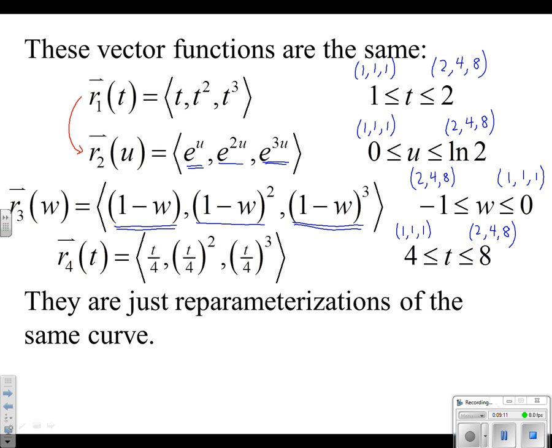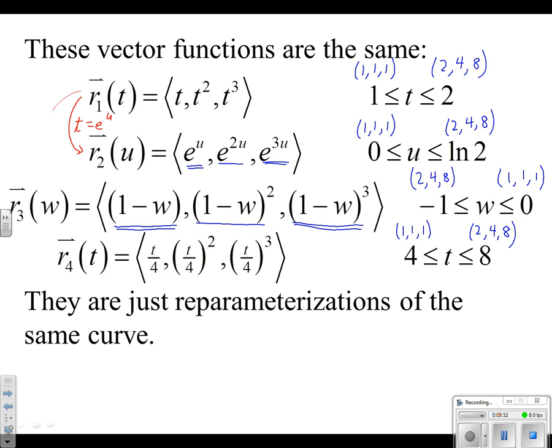To go from R1 to R2, we would just substitute t equals e to the u power. By making that simple substitution, I now have my new parametric equations. I could figure out the endpoints along the same lines, and so I've got my new parameterization.